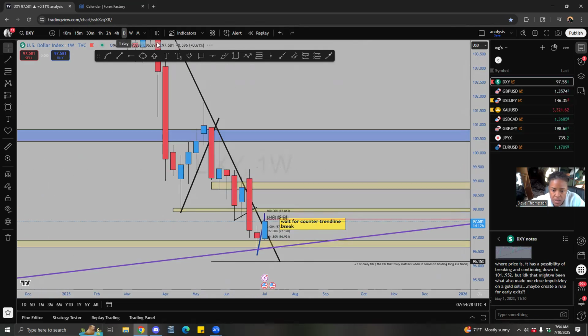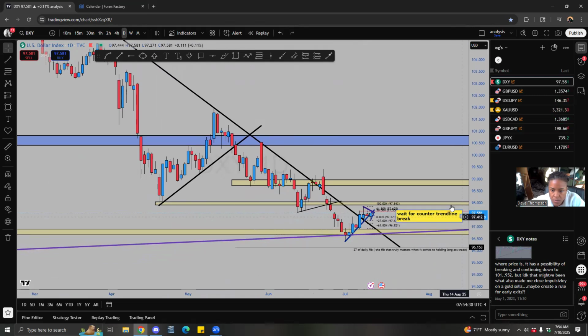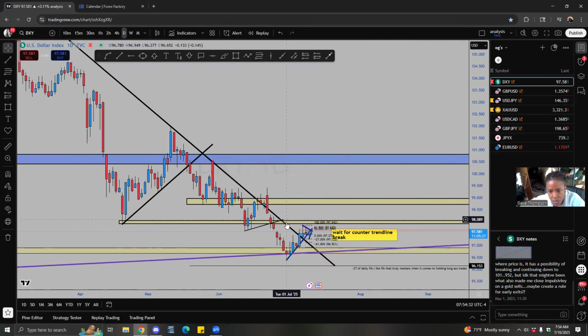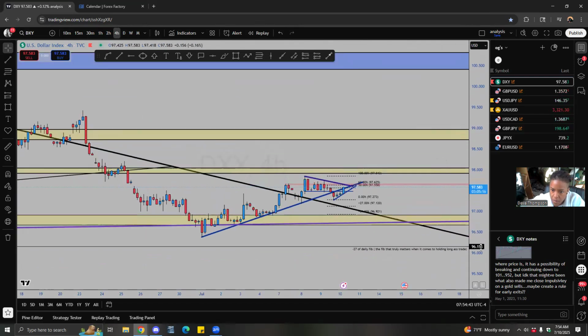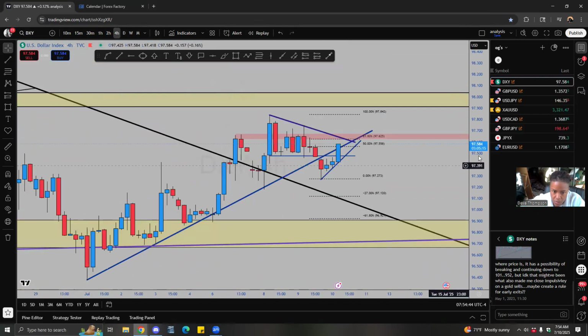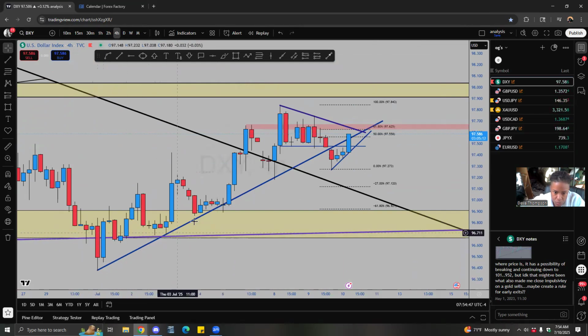Again, I do see that we broke out of this major trend line, but the weekly's still bearish. And when we go on the 4 hour, that main counter trend line that I was plotting, it broke with just one candle, right?